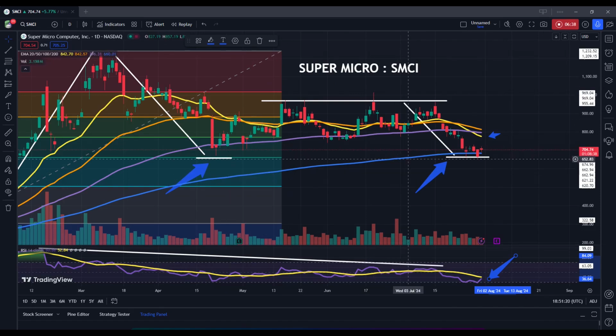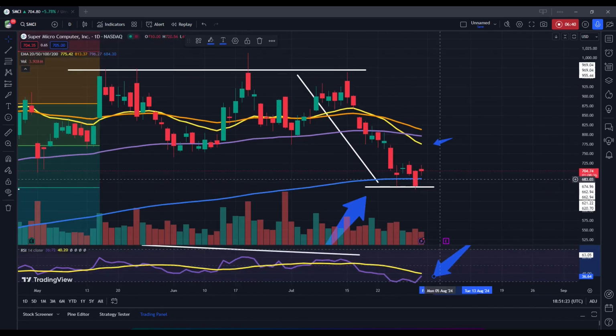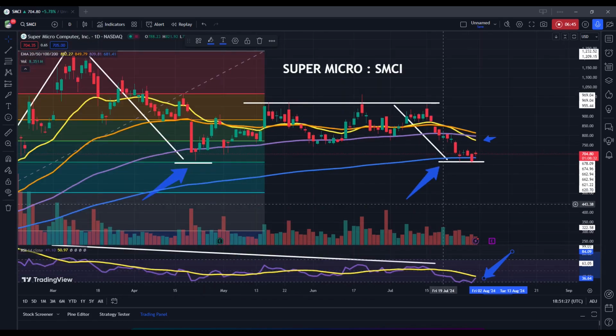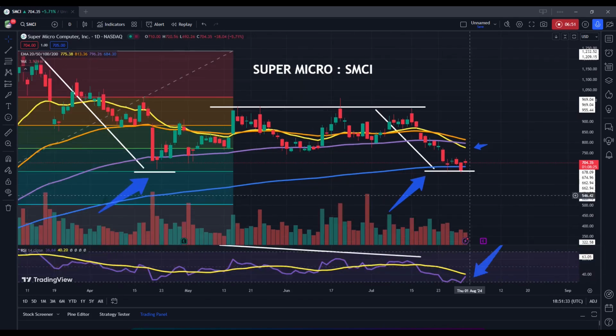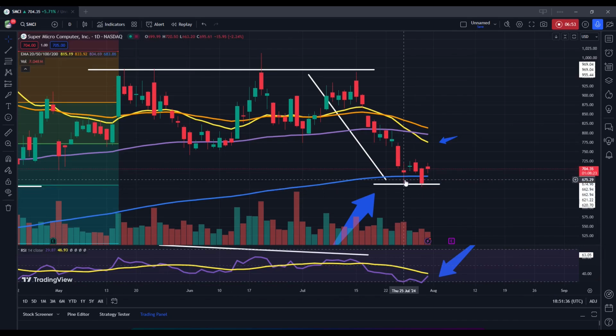Moving on to the daily chart here, we can see that the share price did break below this blue line, which is the 200-day exponential moving average. It's a critically important exponential moving average. It's watched by very large sections of the market, and we did not only see breaks below here more than once, but we also saw daily closes below here as well.